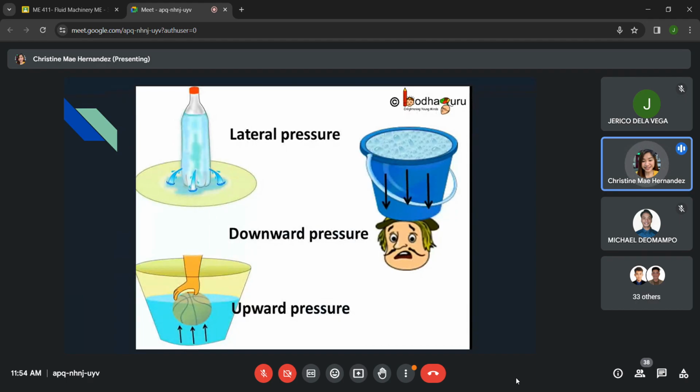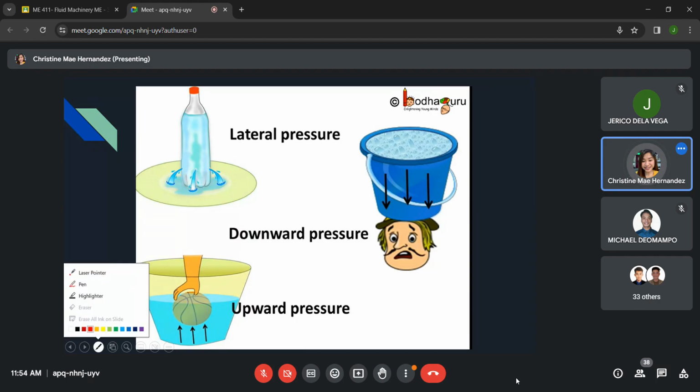Meron daw tayong lateral pressure, downward pressure, and upward pressure. Itong upward pressure, ito yung ating buoyancy. Itong lateral pressure, makikita niyo dito at equal depth, di ba, may hole dito, binutasan.